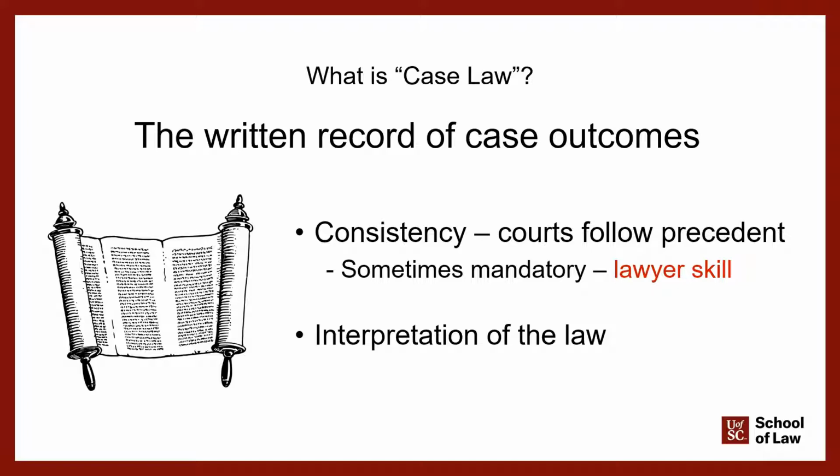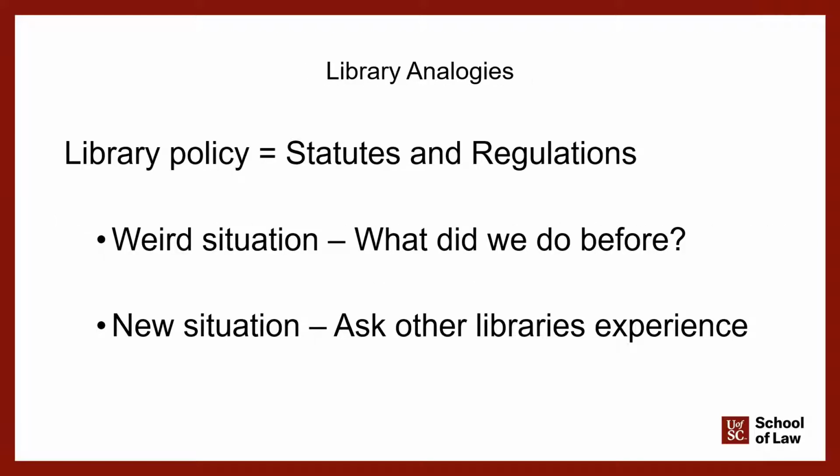that perhaps is ambiguous. I can make an analogy to a library. A library policy is kind of like a statute or a regulation. You've got this thing, it says, this is our policy. But inevitably, in every library I've ever seen, the occasional weird situation comes along that doesn't quite fit in the policy. Librarians will often say, well, we don't want to treat people differently. So when we had a situation like this before that was kind of weird, what did we do?